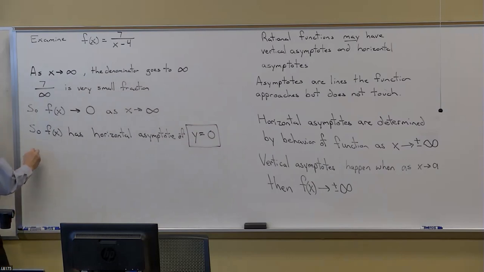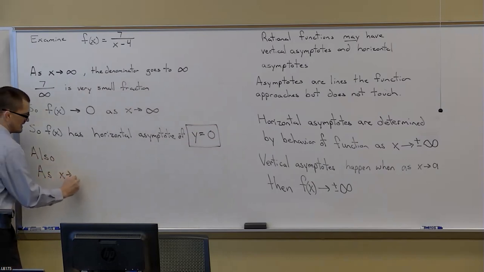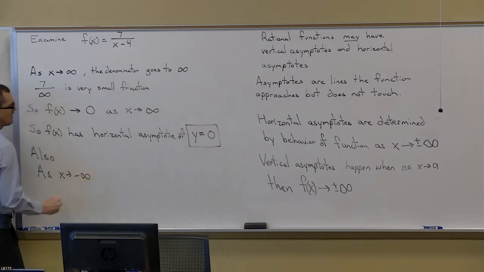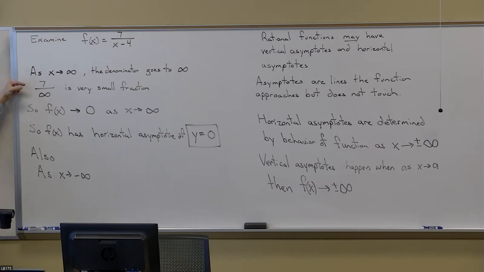By the way, I didn't write this down, but I probably should have before I wrote that horizontal asymptote. Also, if you think about it, as x goes to negative infinity, what's happening? 7 divided by negative infinity is a really, really small fraction in absolute value, but it's on the negative side. If you're really, really small on the negative side and really, really small on the positive side in absolute value, you're close to 0.